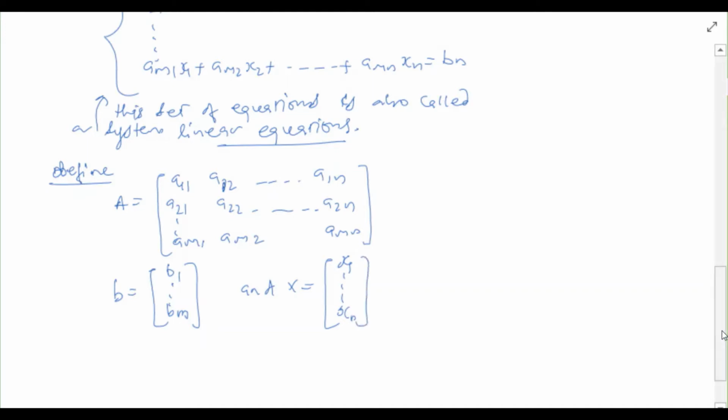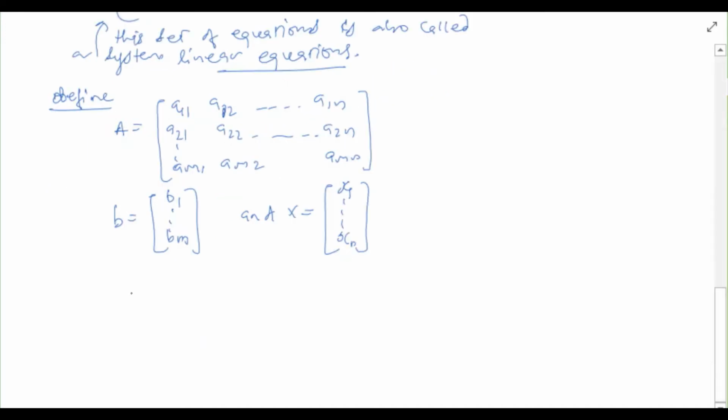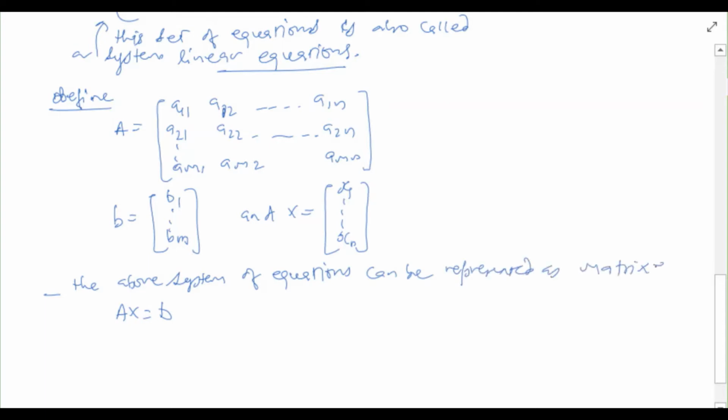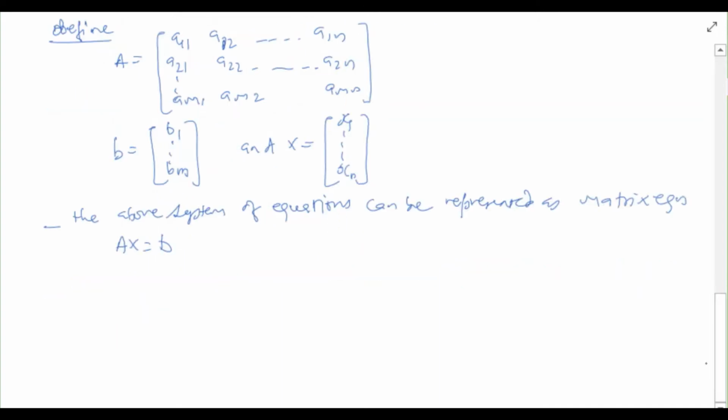Then the above system of equations can be compactly represented as the matrix equation Ax equal to b.